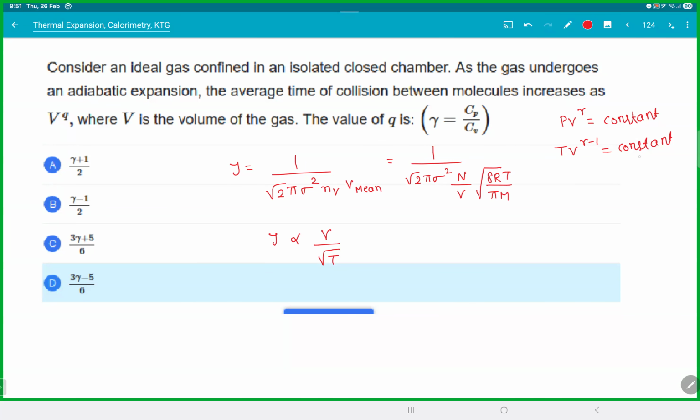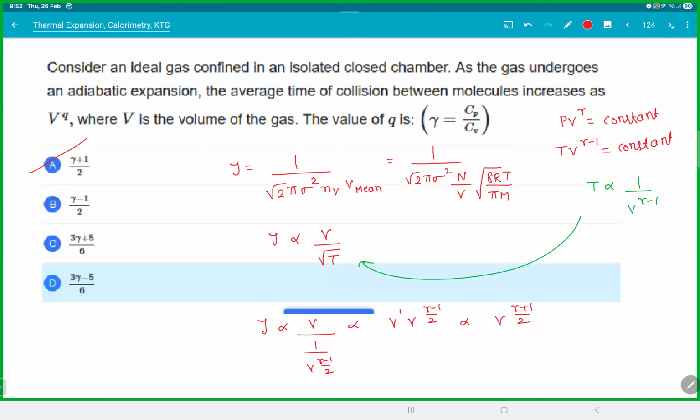But we also know T V power gamma minus 1 is constant. So from here, T is proportional to 1 by V power gamma minus 1. Take this and substitute here because you're trying to replace everything in terms of volume. So tau is proportional to V by V power gamma minus 1 by 2. That will be V power 1 into V power 1 minus gamma by 2. So proportional to V power gamma plus 1 by 2. First option. Clear what we did?